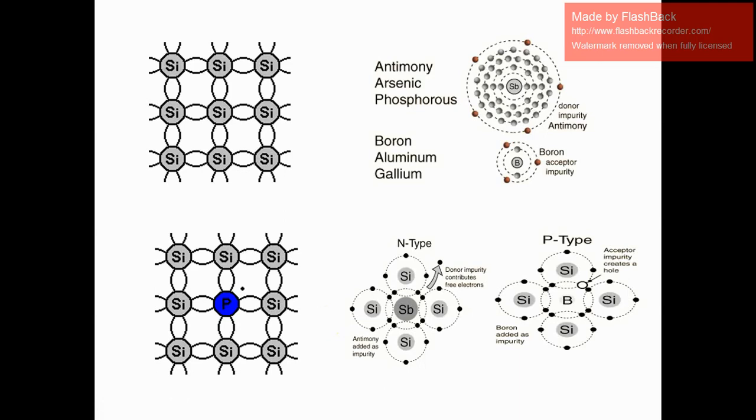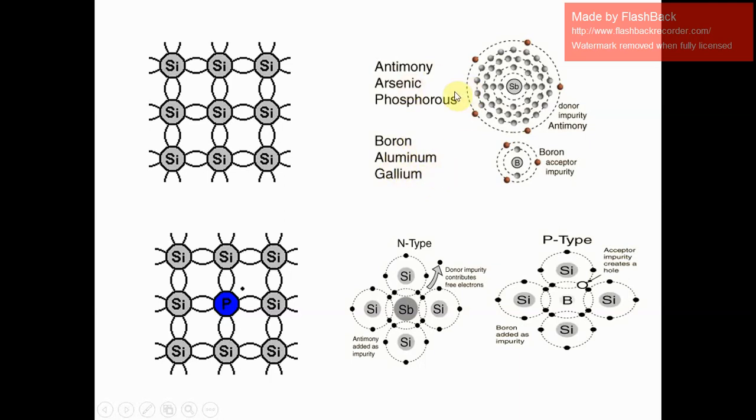See, this is the schematic diagram. This is only pure silicon, and this is pure silicon doped by antimony, arsenic, phosphorus, which have a plus 5 oxidation state, while silicon has plus 4, and boron, aluminium and gallium have a plus 3 oxidation state.